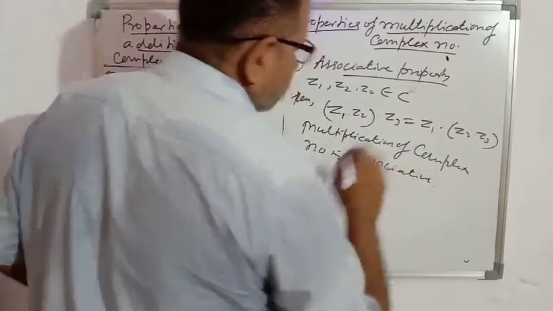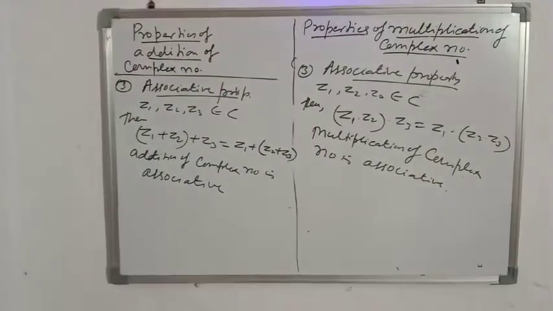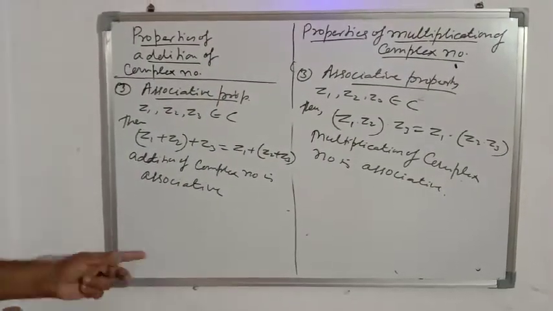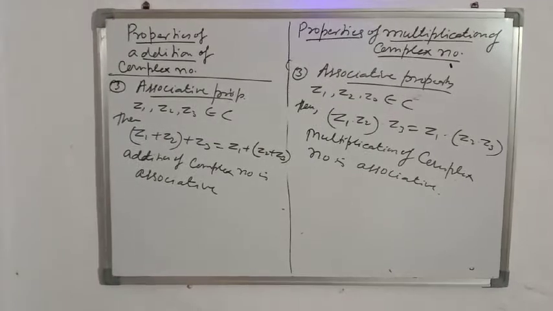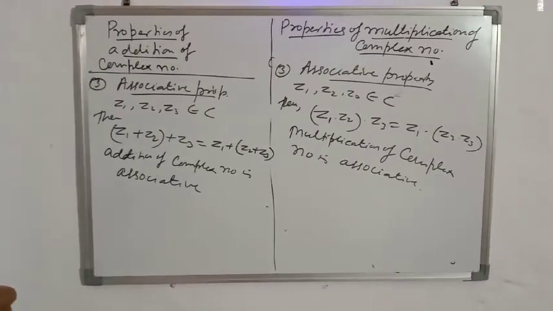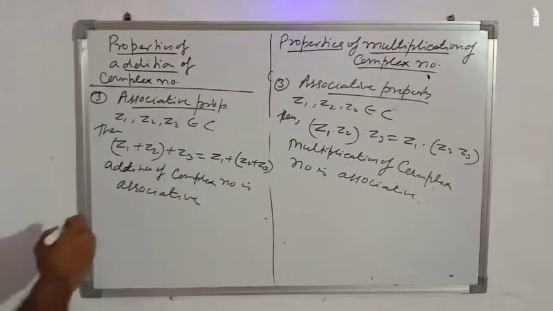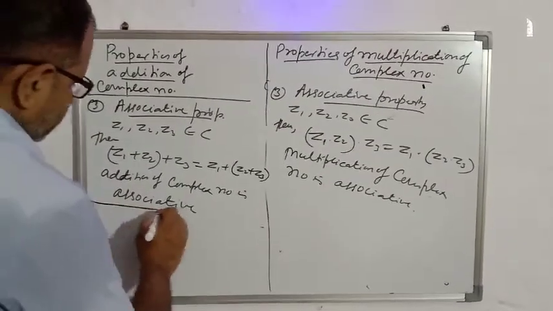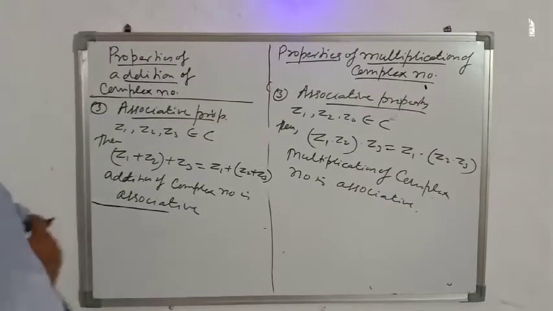So it is the third property. Addition and multiplication of complex numbers is associative. Let us see the next property, existence of identity.